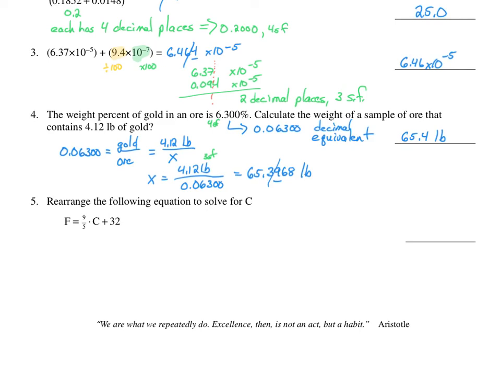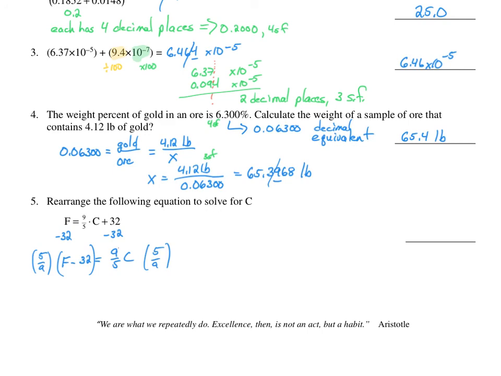Okay, finally we're going to solve the last equation for C. The first step is to subtract 32 from each side. So we have F minus 32 is equal to 9/5 times C. And we want C by itself, so we're going to multiply each side of the equation by 5/9.